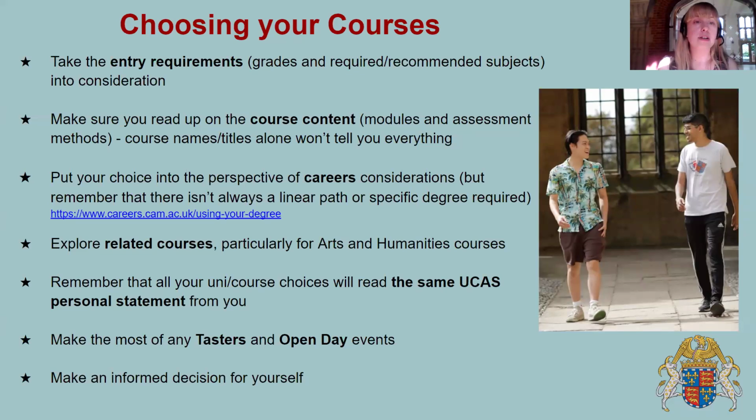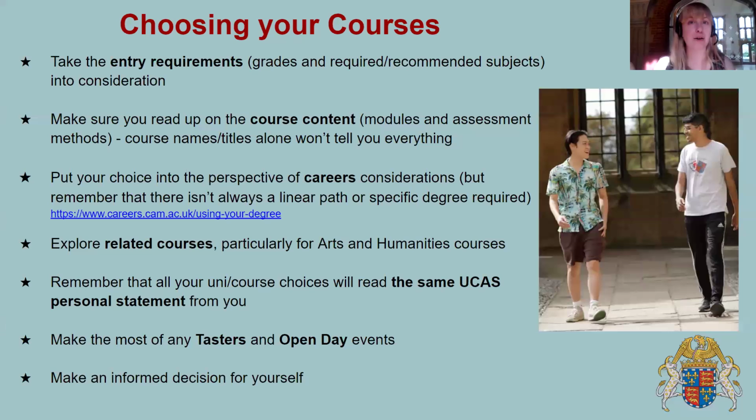I've linked there the careers service webpage called Using Your Degree. The reason I have is because sometimes it's really helpful to think backwards, in a sense. Thinking about your career considerations at the stage where you're at now, you might have firm ideas, you might not have any firm ideas at this stage.